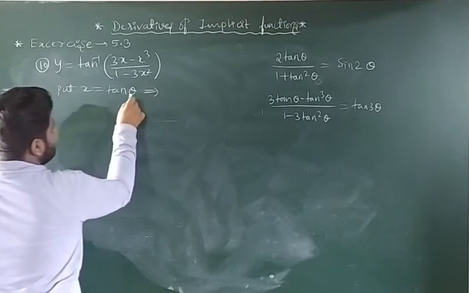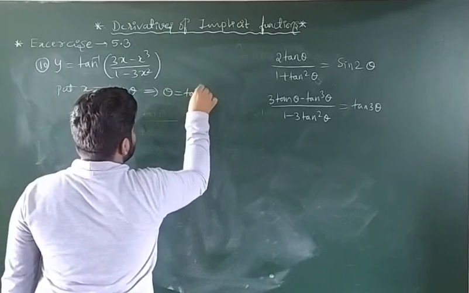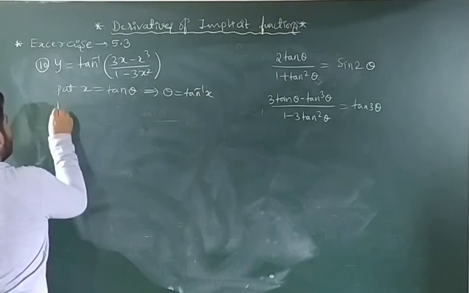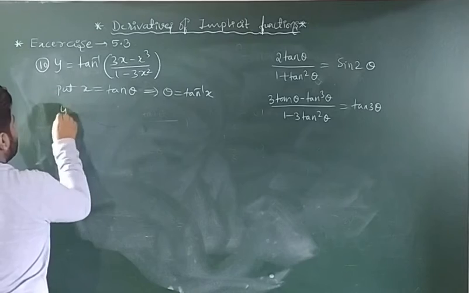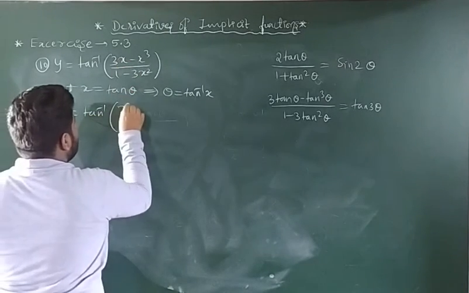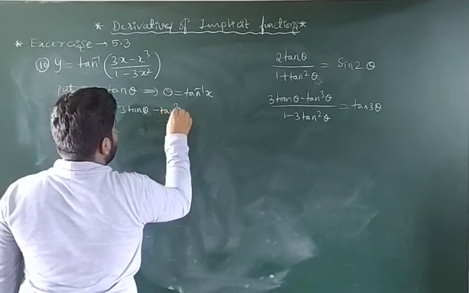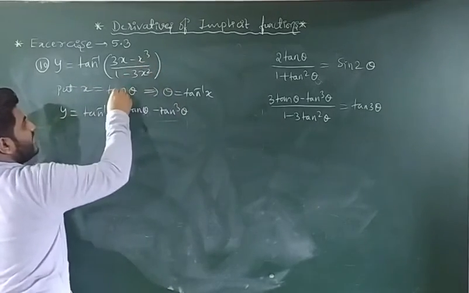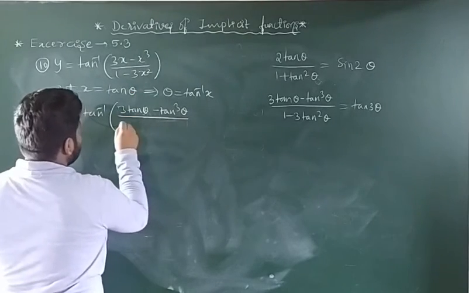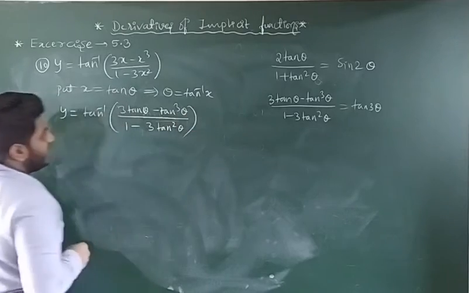This implies theta, take tan to this side, theta equal to tan inverse x. So y is equal to tan inverse of, put here, 3 tan theta minus tan cube theta, in place of x we are putting tan theta, whole divided by 1 minus 3 tan square theta.